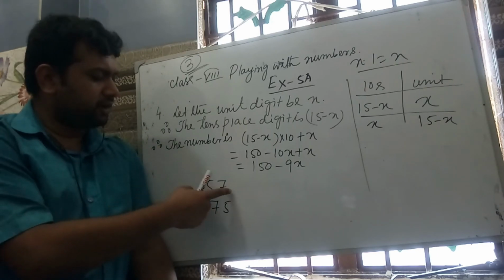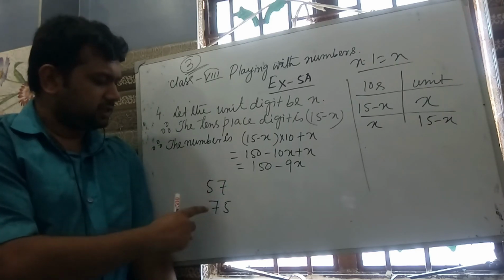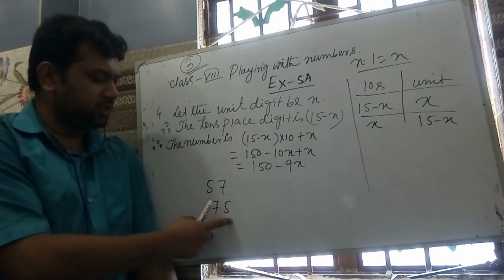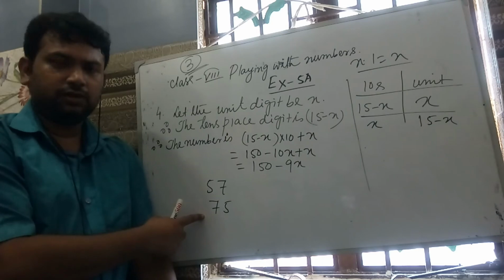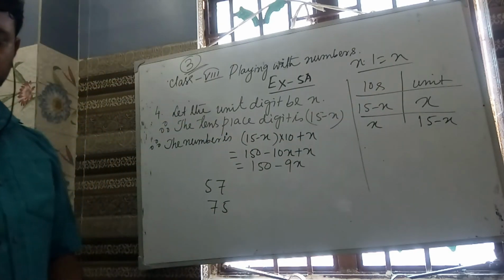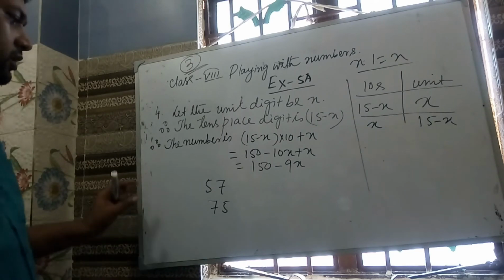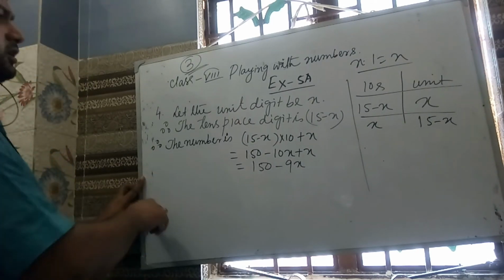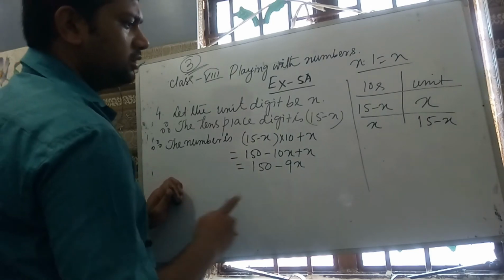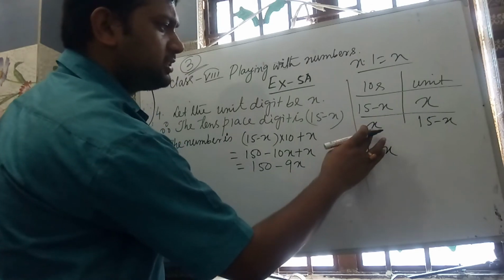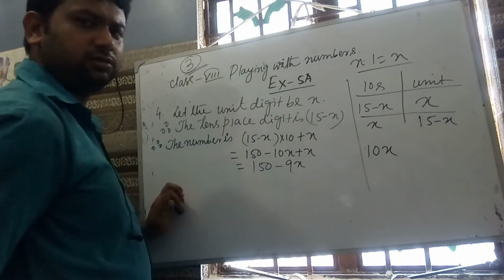But when the digits interchange their places, the 7 comes to the tens place and 5 comes to the unit place, so it becomes 75. Just like that, when 15 minus x comes to the unit place and x comes to the tens place, the new number will be similarly tens place digit into 10.